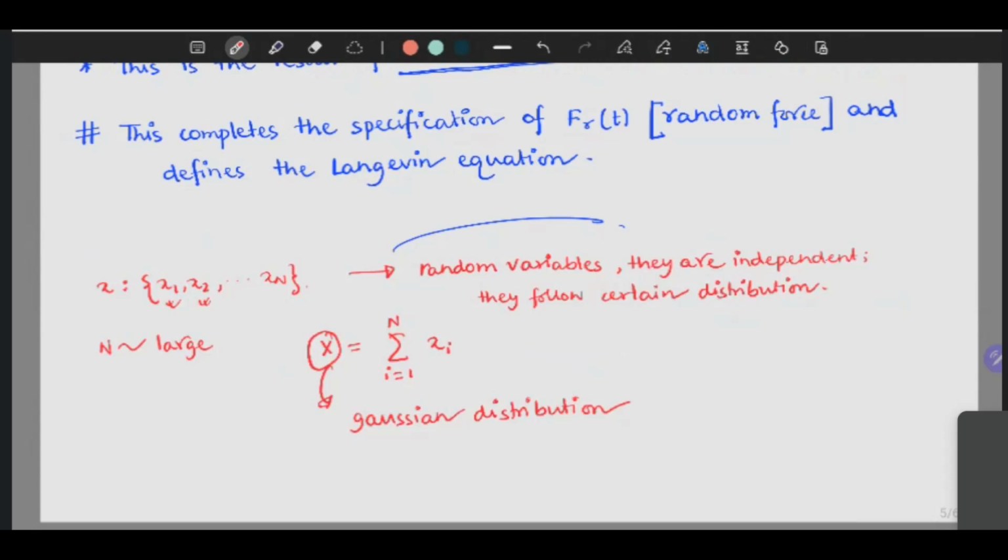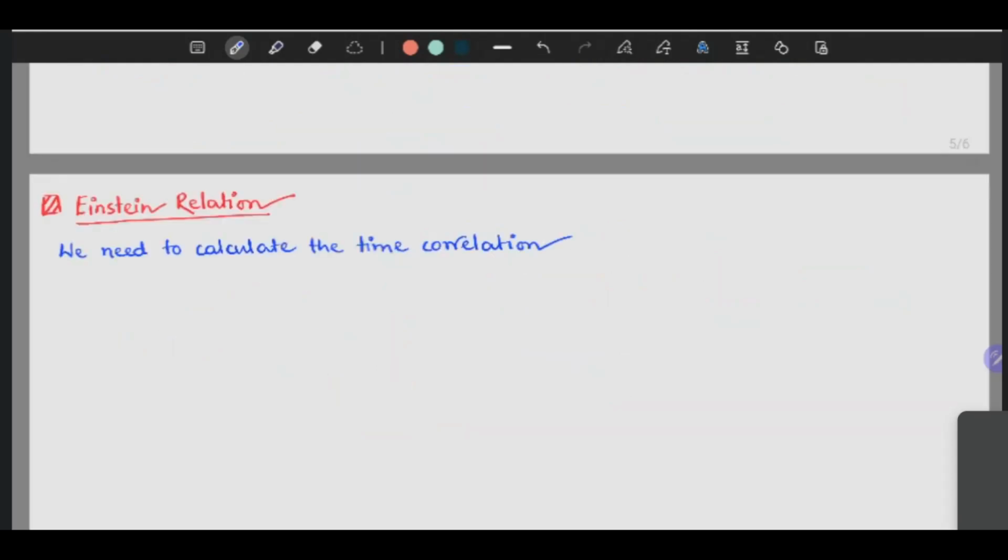So we need to first calculate the time correlation of particle velocity, which is nothing but V(t) and V(t').